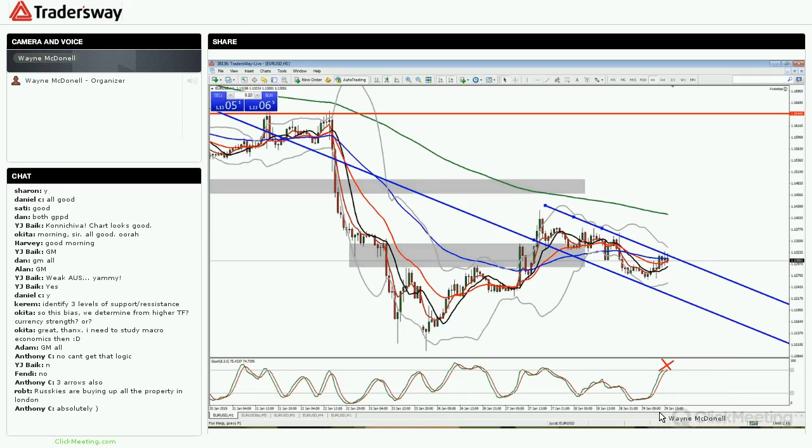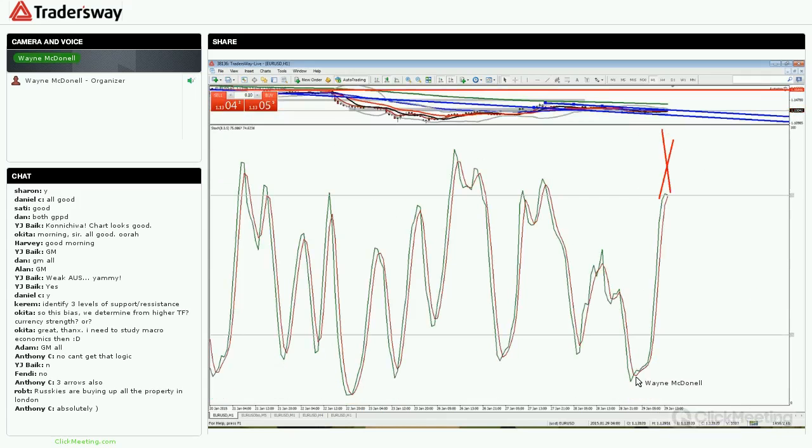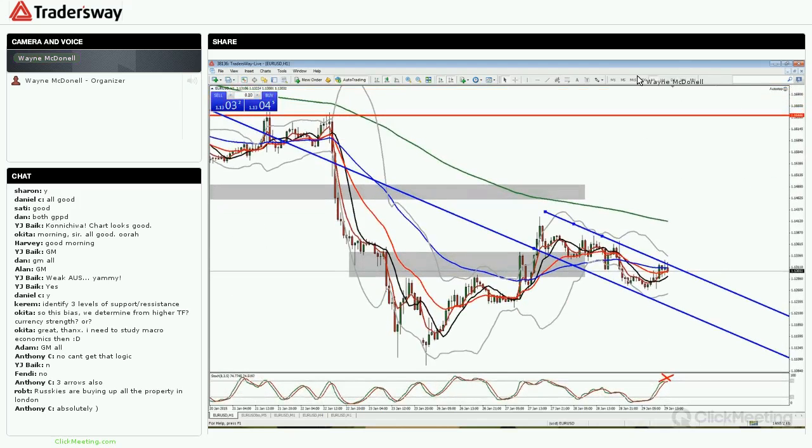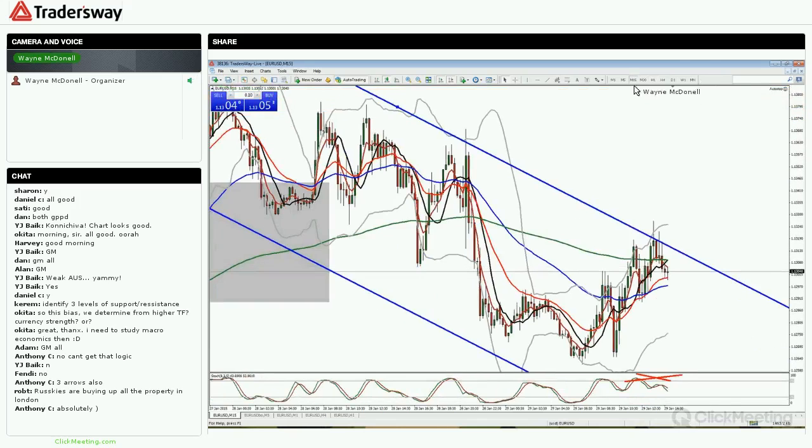Not so bad. It's way more overbought than oversold, about 75% overbought. A little stochastic kiss there. So it might not be ready right this second, but it might be setting up. So you drop into a smaller time frame like the 15.